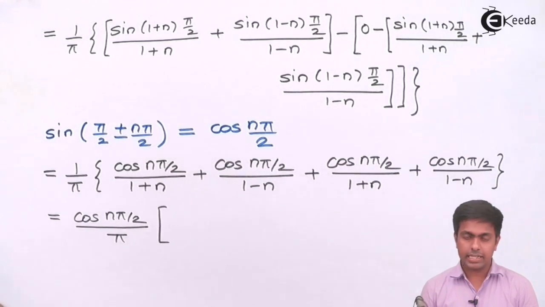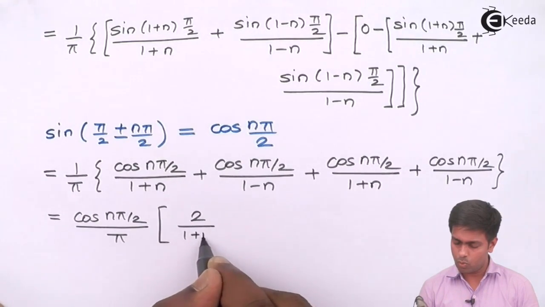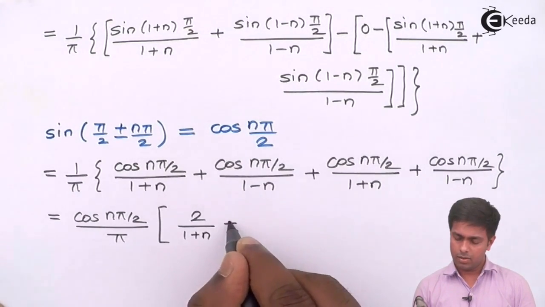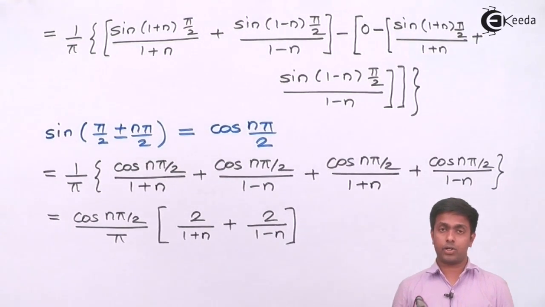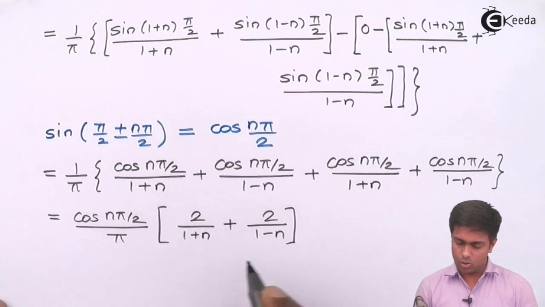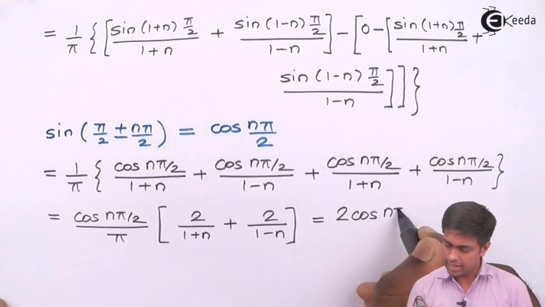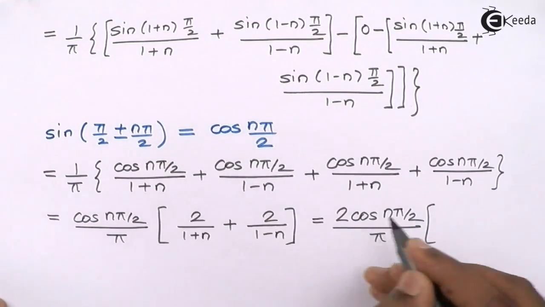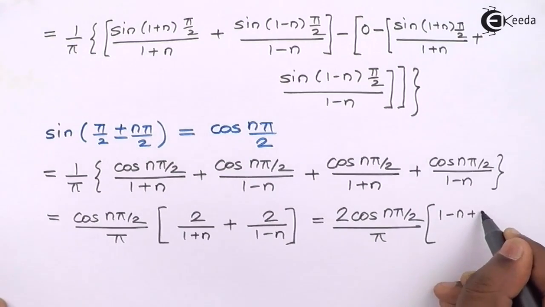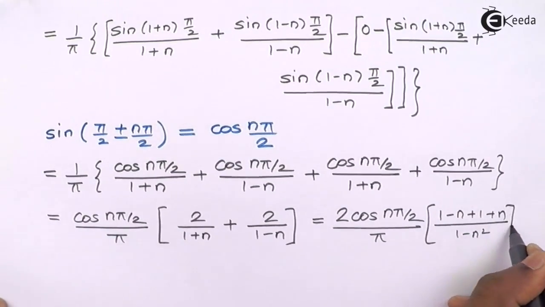In the bracket we will get this plus this, that is 2 times 1 upon 1 plus n plus 2 times 1 upon 1 minus n. I can take 2 also outside. So here we will get 2 times cos of n pi by 2 upon pi, and this will become (1 minus n plus 1 plus n) upon 1 minus n square.